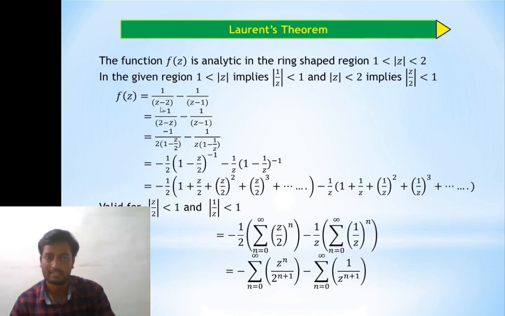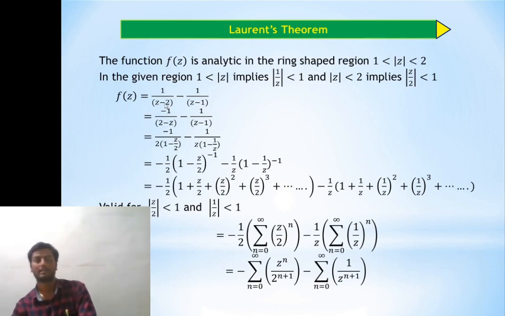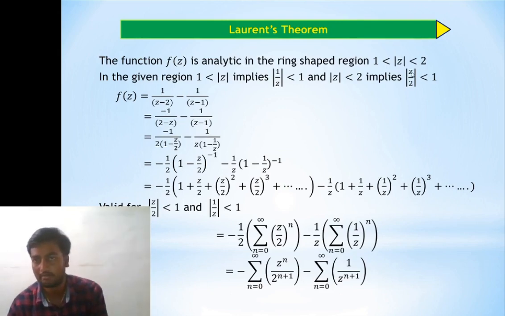Now f of z is this, and in the first term we take minus 2 common, so that we get mod z by 2. Otherwise I take only minus as common, then 1 minus z by 2 remains. For the other term, 1 by z, taking z as common gives minus 1 by z, and this is power minus 1.